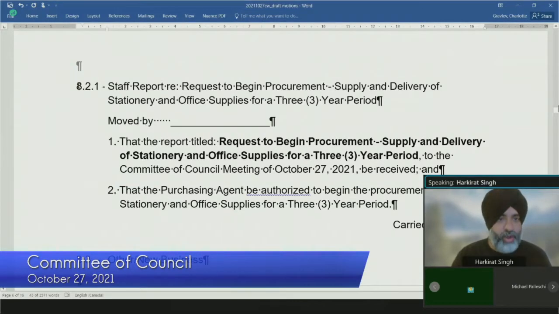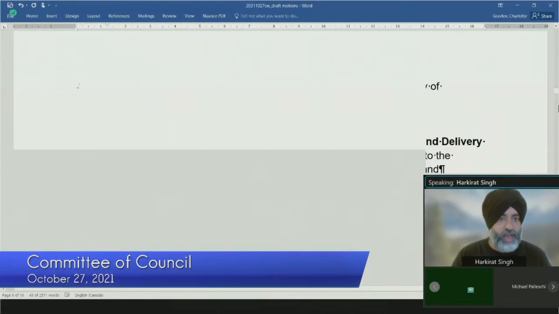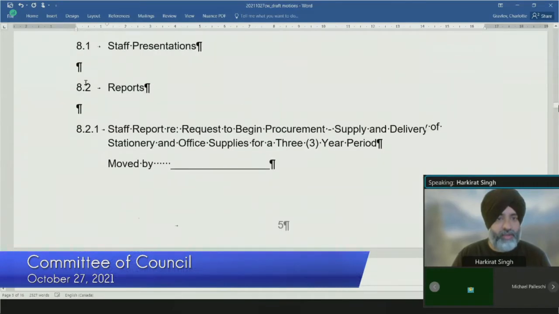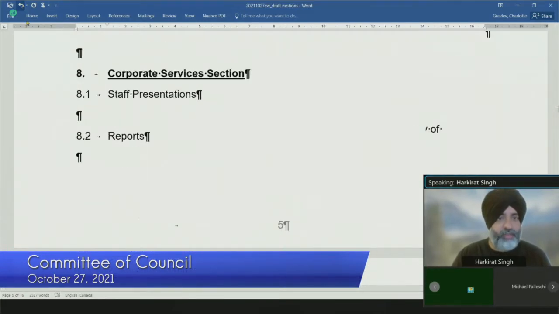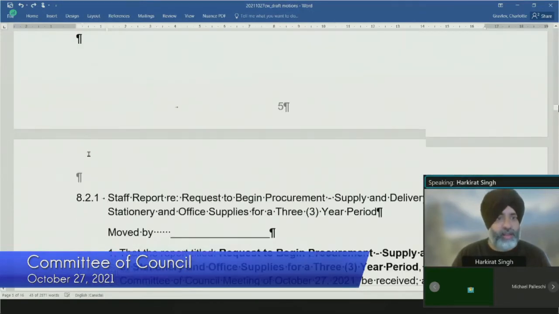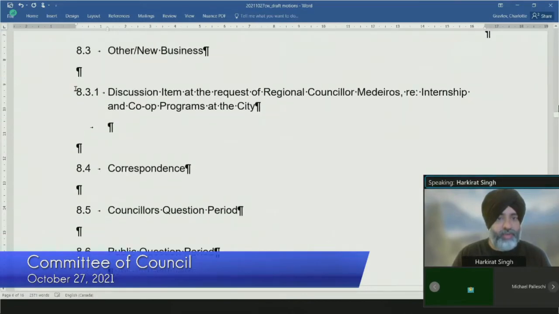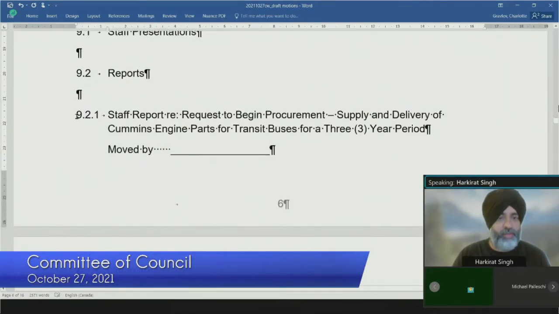So starting with 8.2.1 staff report, request to begin procurement, supply and delivery of stationery and office supplies for a 3-year period. Okay, that'll be on consent. 9.2.1 staff report, request to begin procurement, supply and delivery of Cummins engine parts for transit buses for a 3-year period. Okay, consent. 9.2.3 staff report, request to begin procurement, engineering services for improvements on McVean Drive between Castlemore and Countryside Drive, wards 8 and 10.